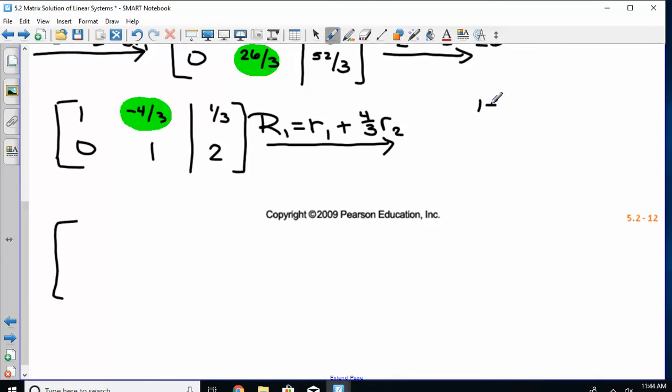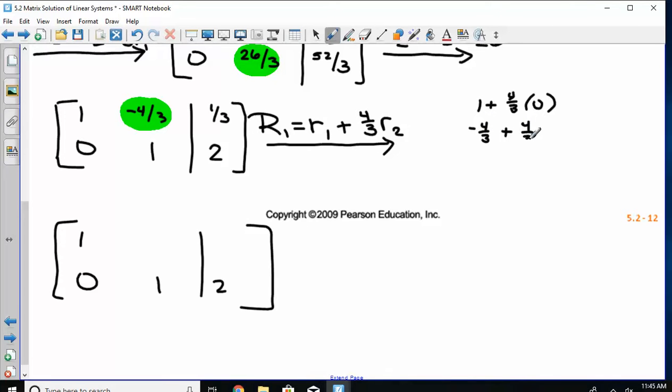So if you need to, write it out. Do 1 plus 4/3 times 0, so that gives us a 1 still. Negative 4/3 plus 4/3 times 1 is 0. 1/3 plus 4/3 times 2, 3.